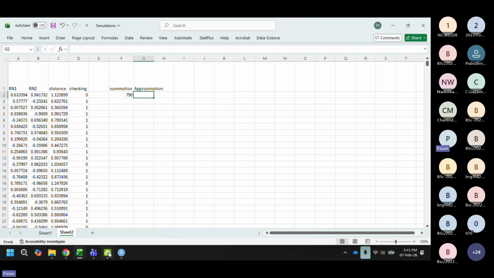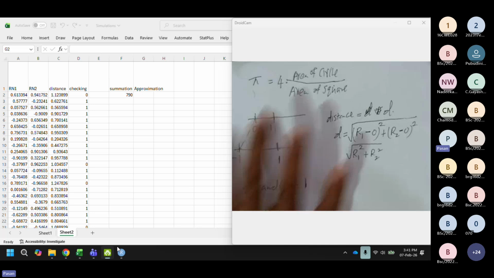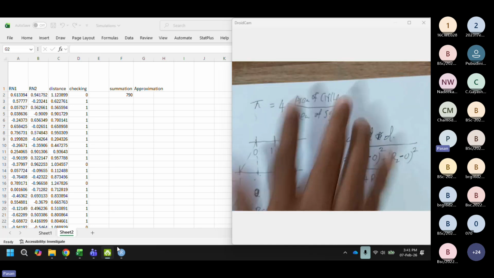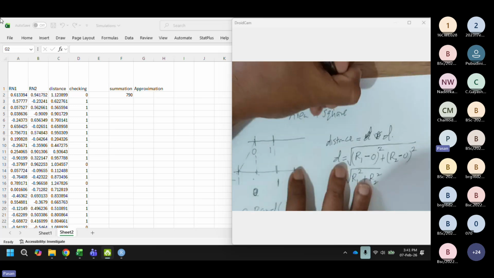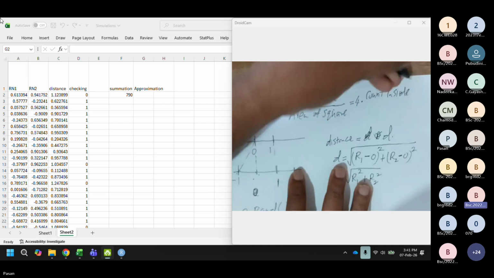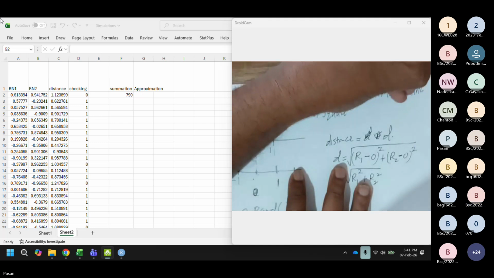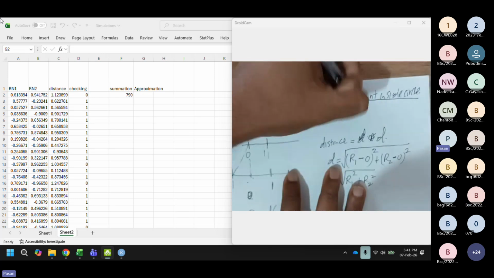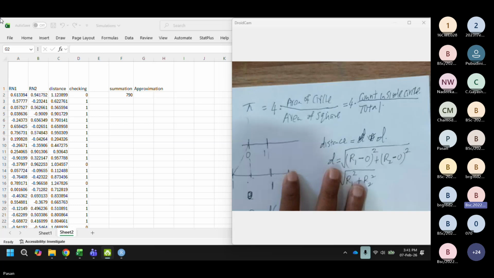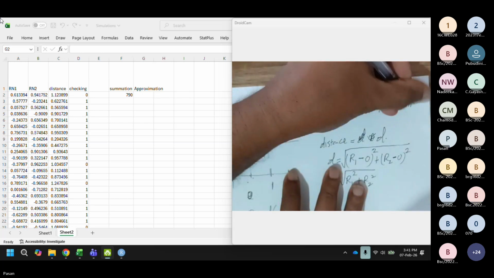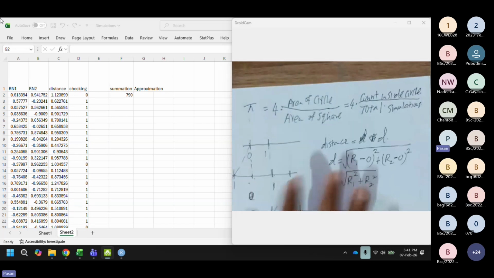Now I can use this formula here: 4 times the count inside the circle divided by the total simulations.